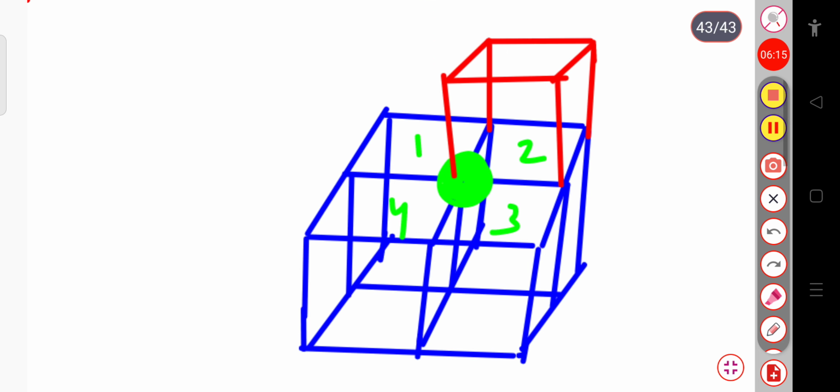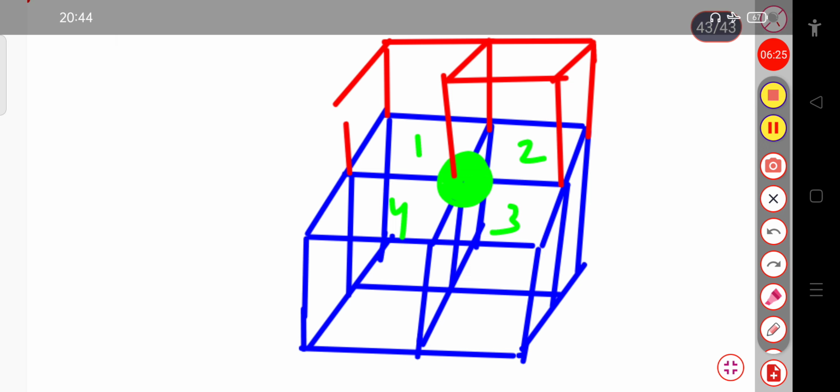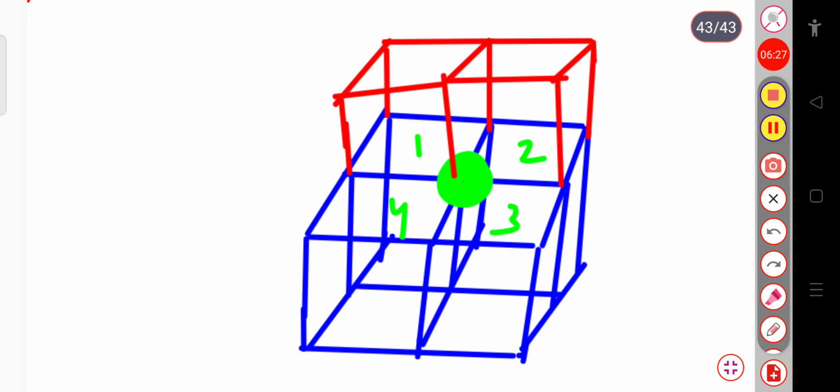And similarly, you can also draw another unit cell for this first cube. This is also present here. So you can see similarly on the 4th surface, that is the 4th unit cell and the 3rd unit cell. So the unit cells are also present here. Now we can also draw like this.